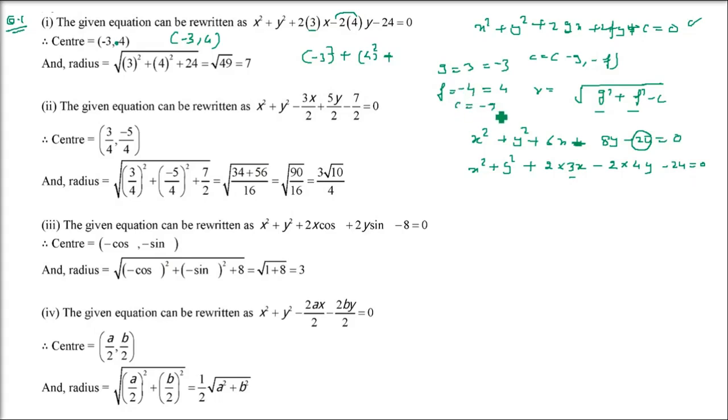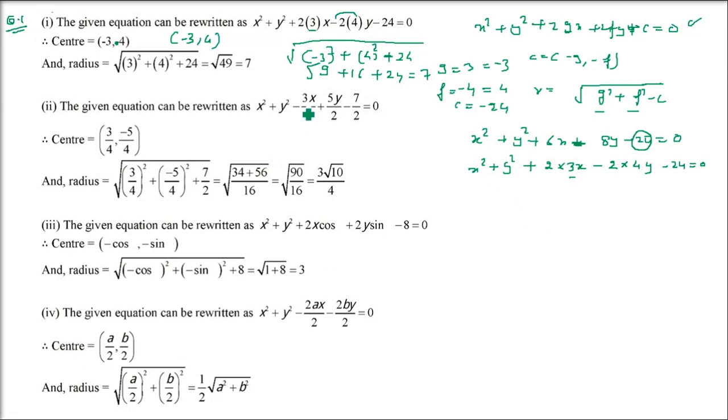So minus 3 whole square is g square, 4 square is f square, plus 24. So 9 plus 16 plus 24 is 49. The square root of 49 is 7, because 7 sevens are 49. So this is the radius. I hope you got the idea of how we do it.